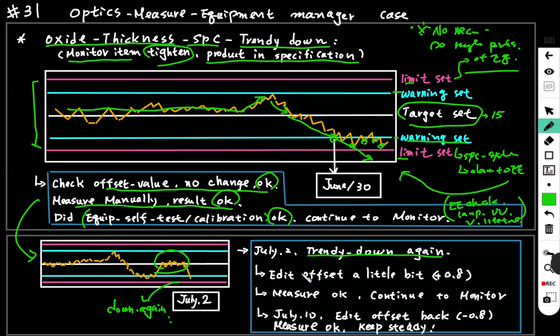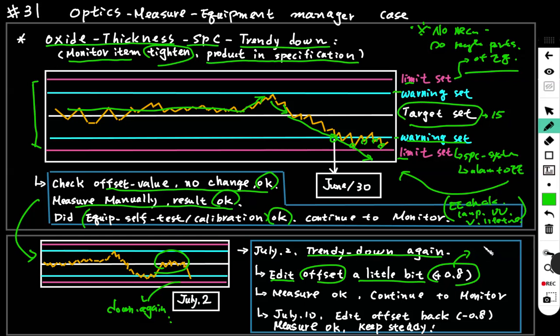In this trending down again situation, the engineer followed his experience to edit the offset value a little bit, adding 0.8.